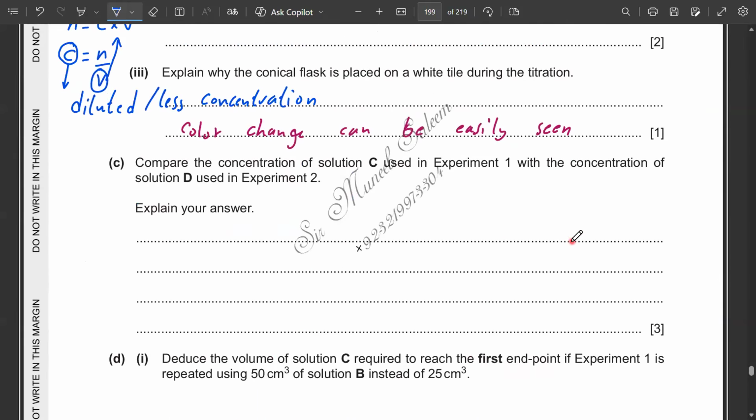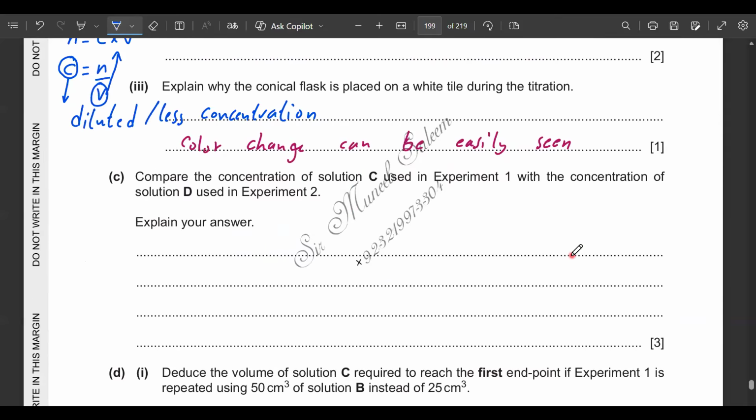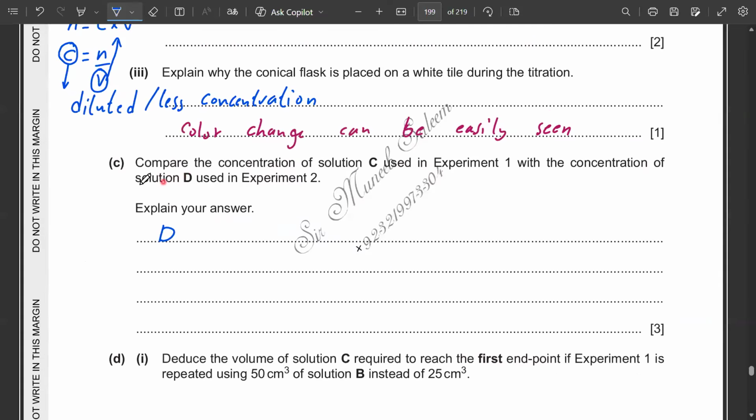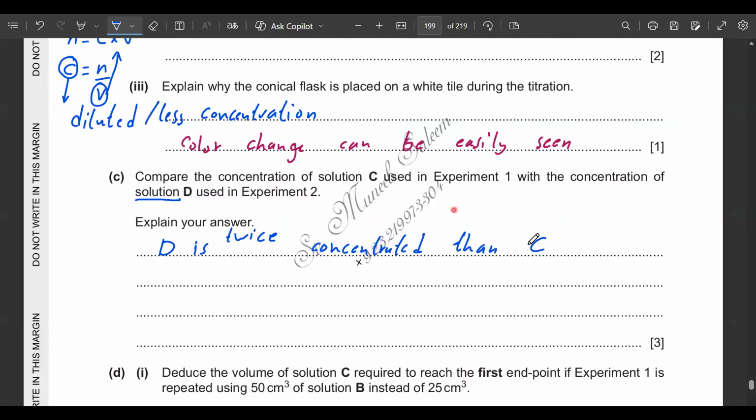So this is what you will write here. You can simply write D. You do not need to write the whole word solution. D is more concentrated, or is twice as concentrated as C. Why?